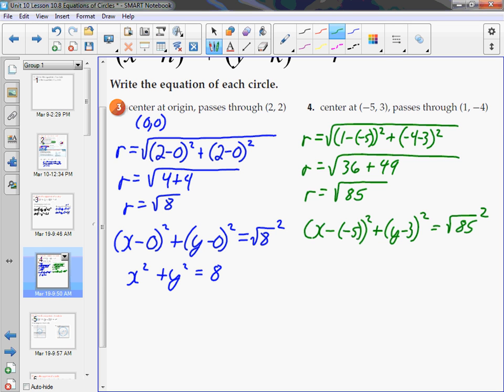We don't want to leave minus negative, do we? So x plus 5 quantity squared plus y minus 3 quantity squared equals, and what's the square root of 85 squared? 85. All right, we're still doing okay?